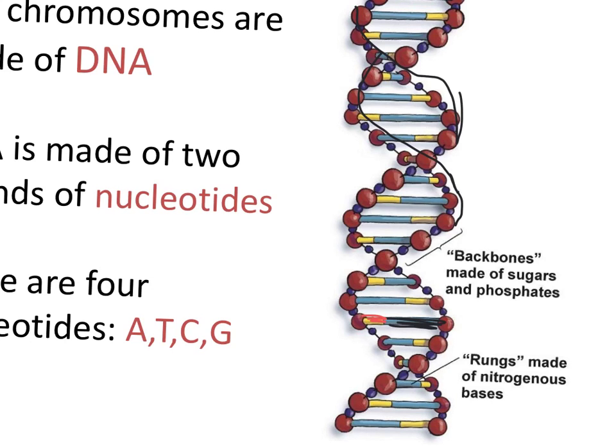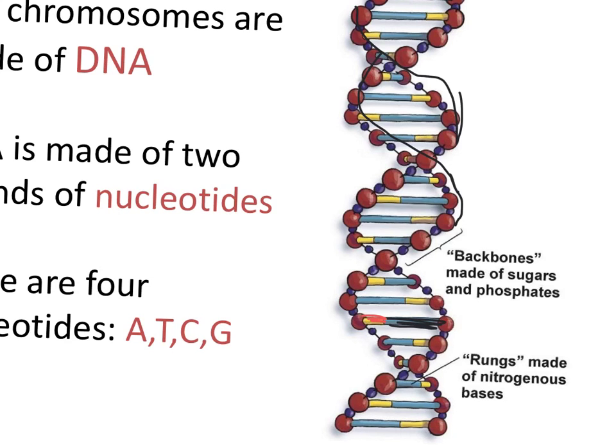So it turns out the coding region of DNA is about 2% of the total number of base pairs in our genome. And you're thinking, well, why, if it's so important? Well, a lot of it has to do with gene regulation. As I talked to you earlier about, genes don't code for traits.